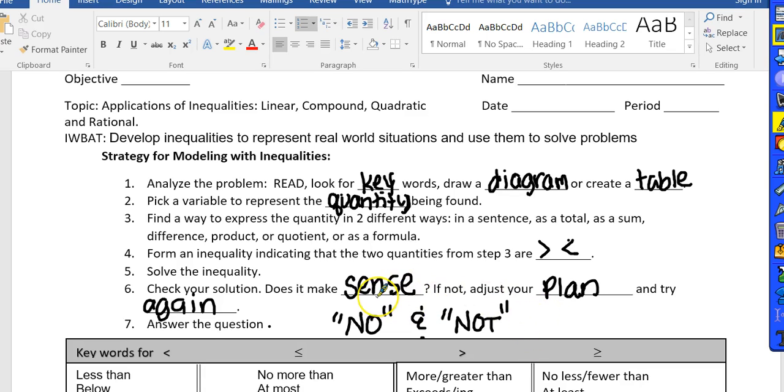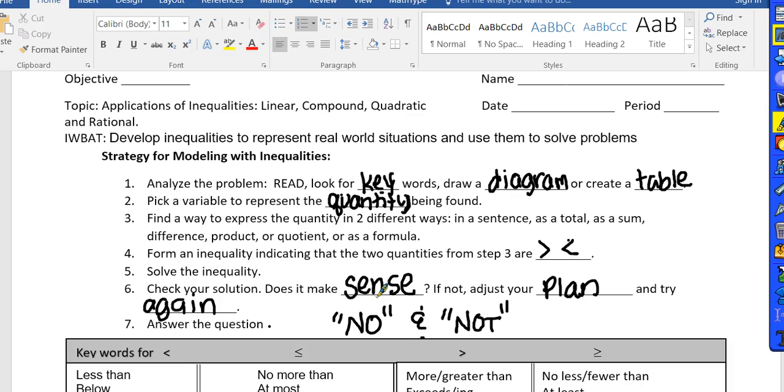So when I tell you for homework that I do not want you to do homework for more than 45 minutes, or to do work for no more than 45 minutes, what am I telling you?